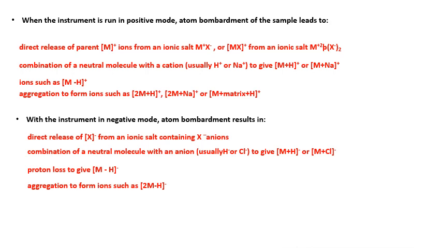So it will combine with this anion, H- or Cl-, to give this combination pattern in your mass spectrum. Also proton loss gives the M-H peak, and aggregation forms 2M-H, this kind of peak. The origin of Na+ and Cl-, this kind of cation and anion in this FAB method, may be impurities in the sample, but sometimes NaCl may be added to the analyte in order to generate that kind of combination peak.